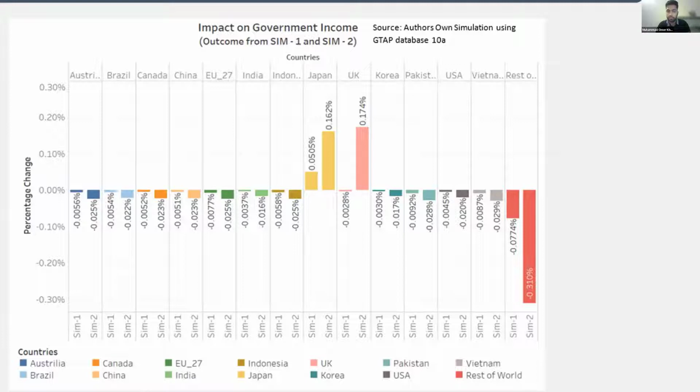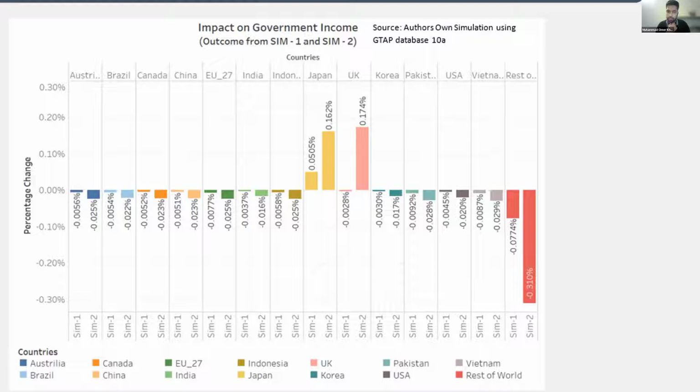And now the question is why the government revenue or income declines for UK. To answer this question, we have also checked into details. The productivity has also declined for UK. So this could also be an answer.